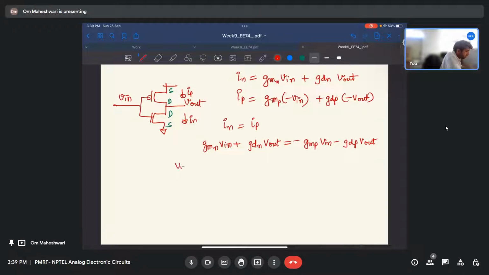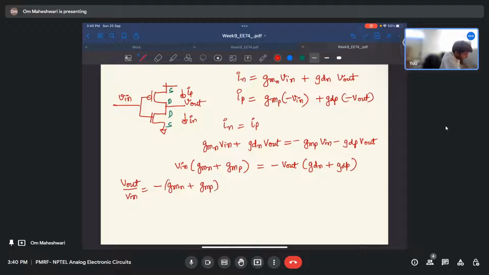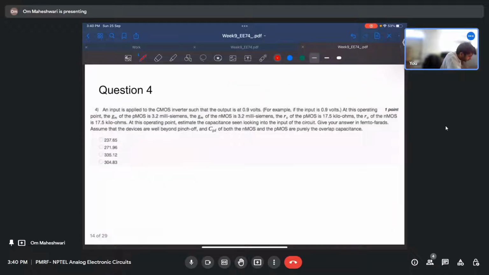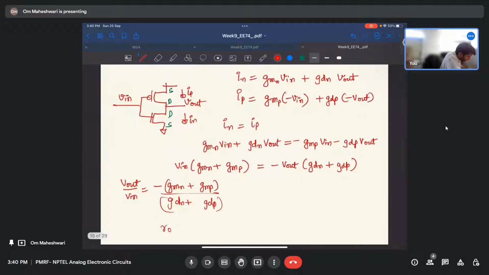So V in times GMN plus GMP equals minus V out times GDN plus GDP. So V out by V in equals minus GMN plus GMP over GDN plus GDP. And in the question they have given RON and ROP.